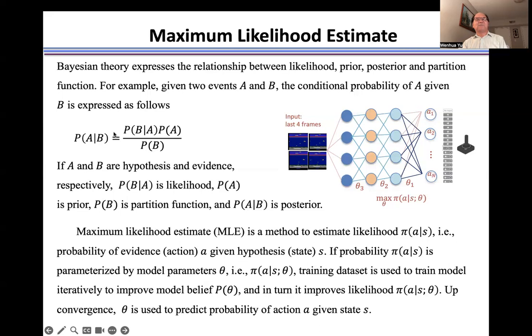Next, let's see how we can use the maximum posteriori estimate to estimate the probability of A for given evidence B. For example, if the training data set is small, we can use the regression method to find the model parameters, and use the model parameters for any given evidence.